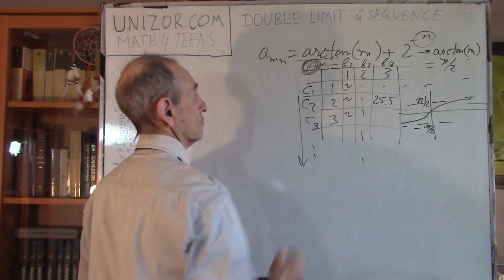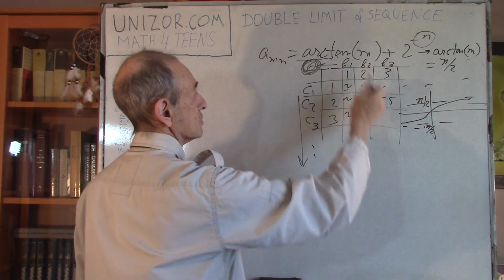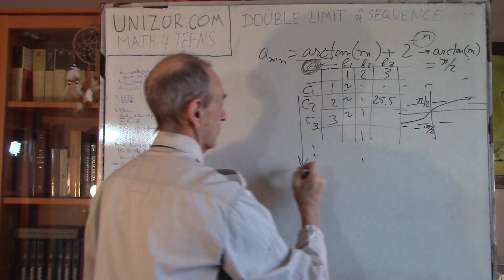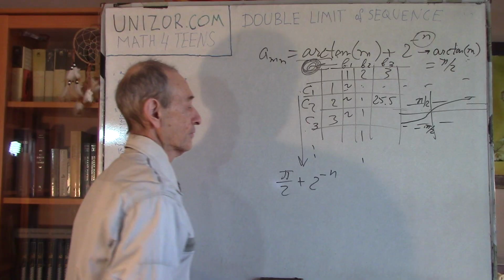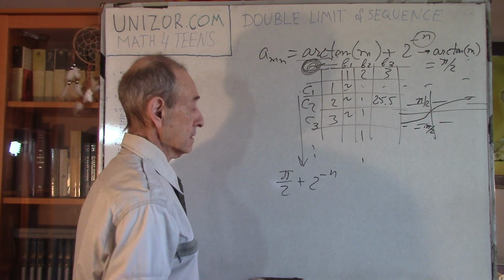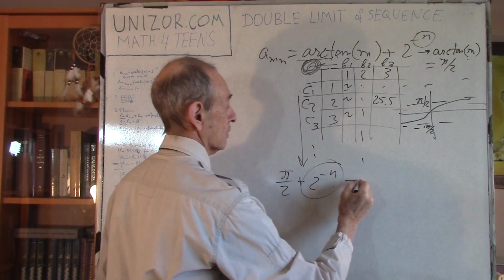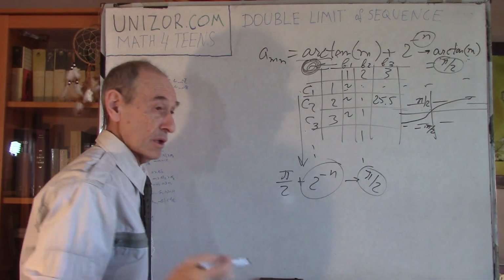First we go to infinity by m. So arctangent by m would be pi over 2 plus 2 to the minus n. Now I will go to infinity by n. This will go to 0, so again I will have pi over 2. Same thing as here. Alright, great.